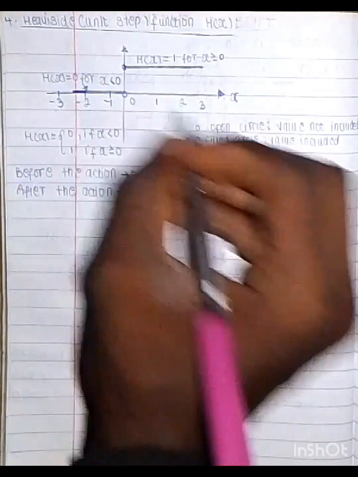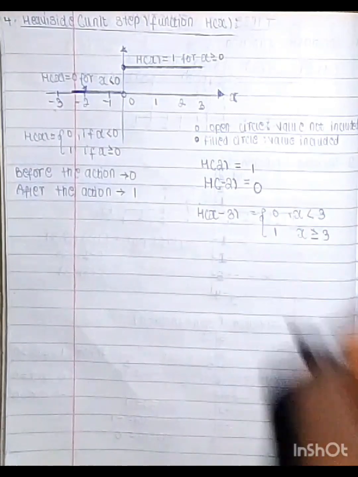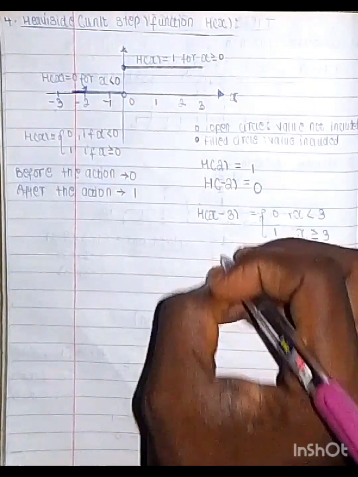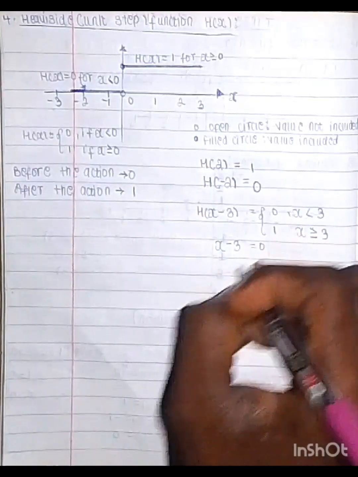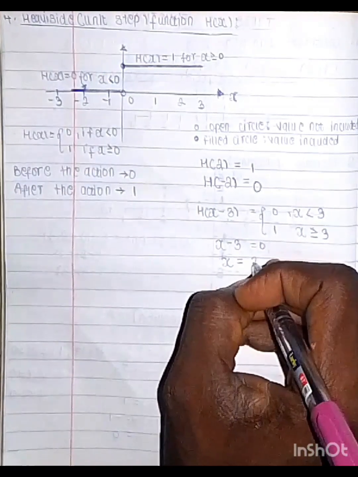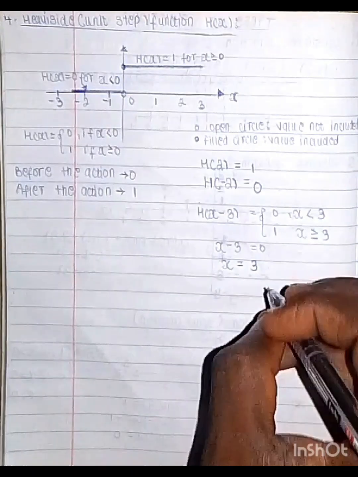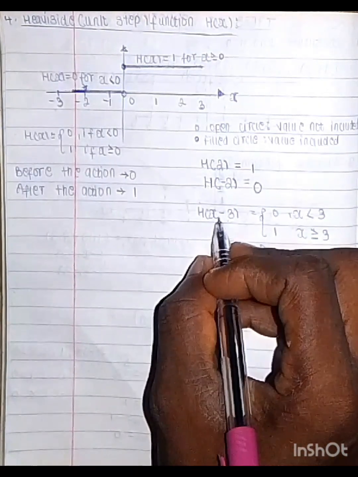Now, that is the starting point or the origin. Since we have 3 here, 3 is now the starting point, because we know that if x minus 3 is equal to 0, x is equal to 3. That is the starting point.